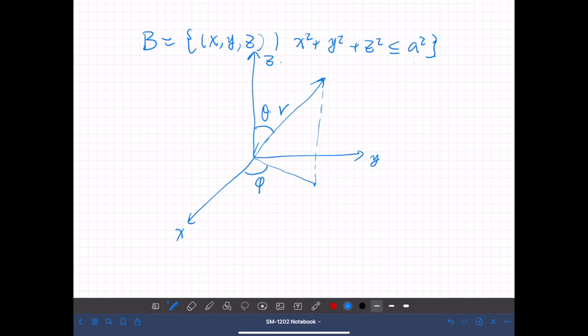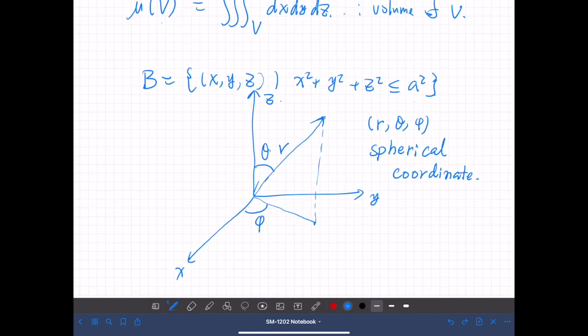So this triple of r, theta, and phi defines the spherical coordinates of a three-dimensional point.